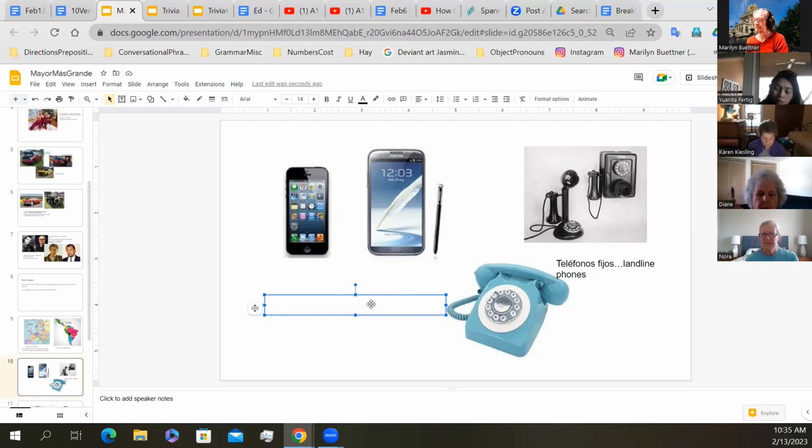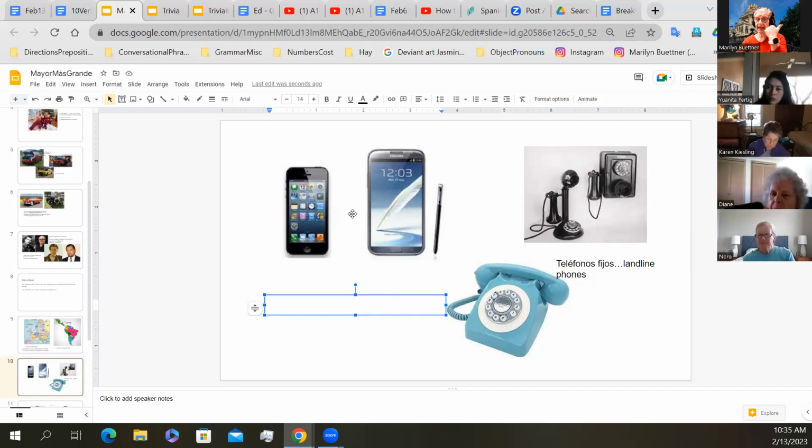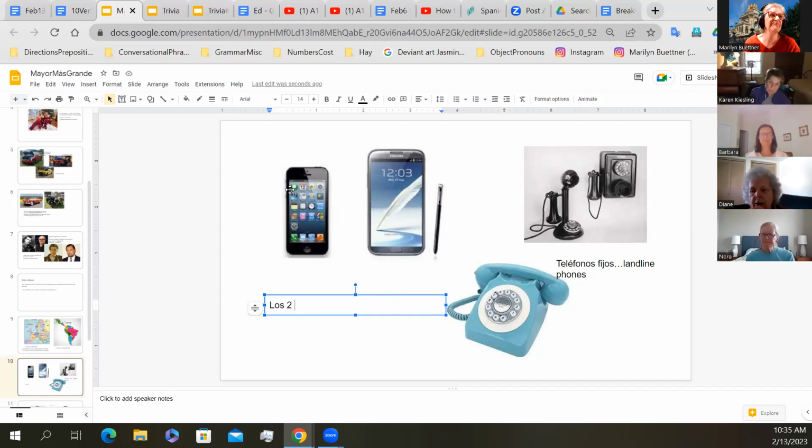Sí. Los dos celulares en la izquierda son más younger, mejor. Son mejor. Los 2 teléfonos a la izquierda, on the left. Sí. Son mejores, are better? Younger, less. Oh, okay. Newer. Mejor que los... son más modernos.